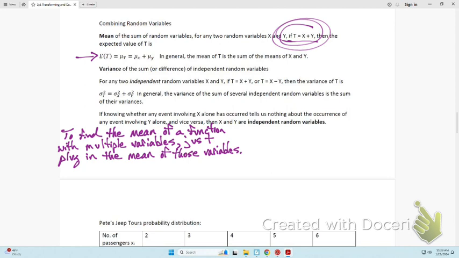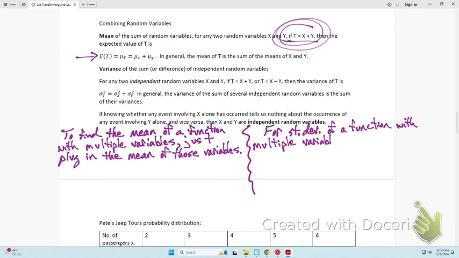Standard deviation is a little different. There are two things to consider. For standard deviation of a function with multiple variables, the variables must be independent. So I made that in bold. It's right above this.